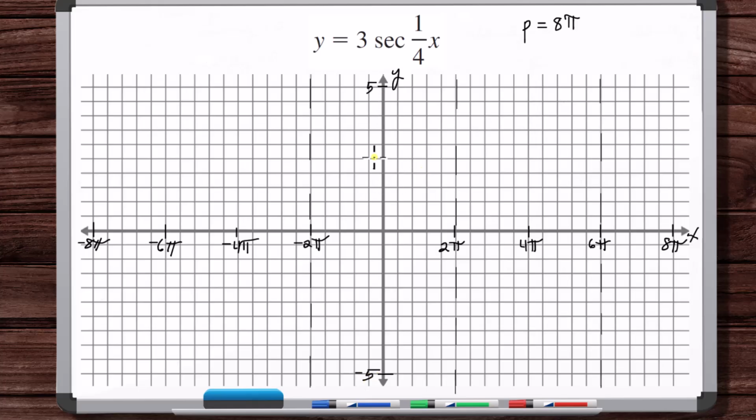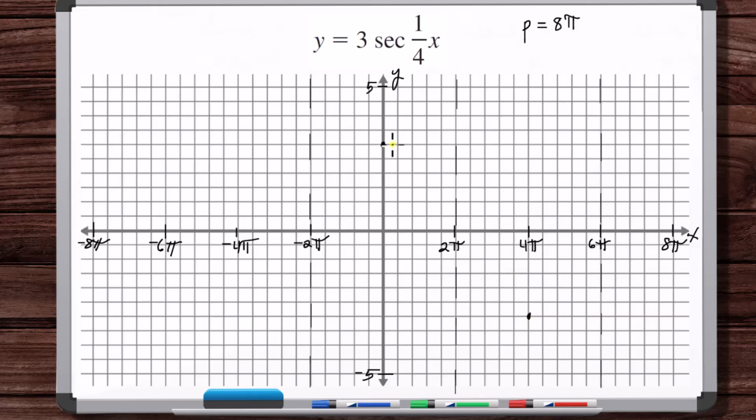Now, there's no flipping, so we know that this is going to be up here and this is going to be down here. The local minimum here is going to be at 3. 1, 2, 3. And it's in the center of the interval, and then in the center of the interval here, 1, 2, 3.